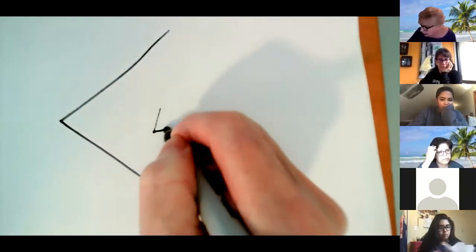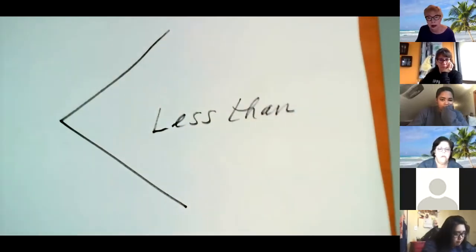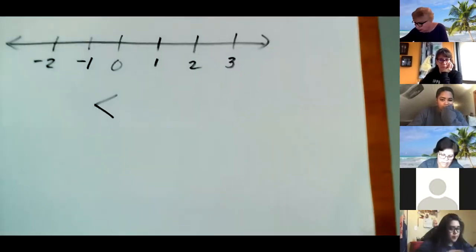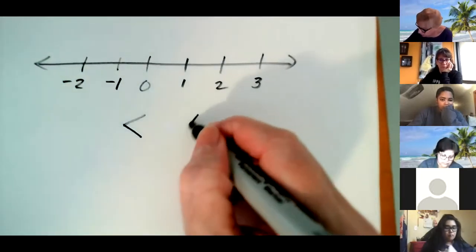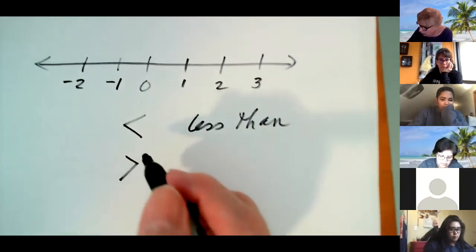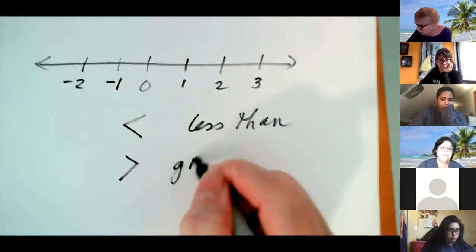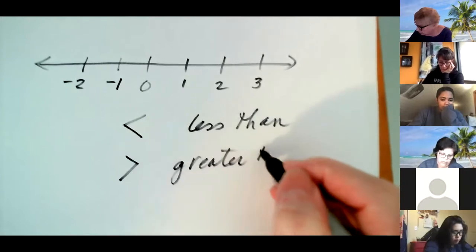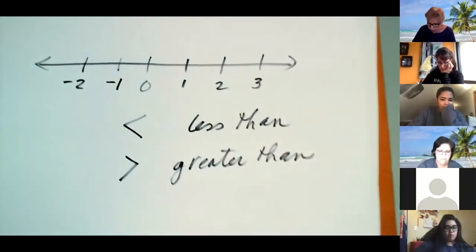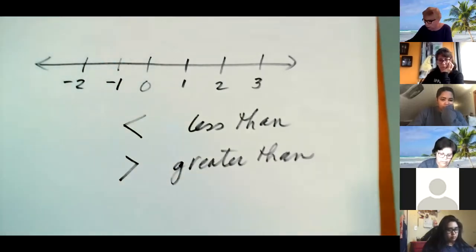So this one is less than, okay? Which means if this one is less than, then the other one, the one that points toward the bigger numbers, is greater than. And there's 2 variations of these two.